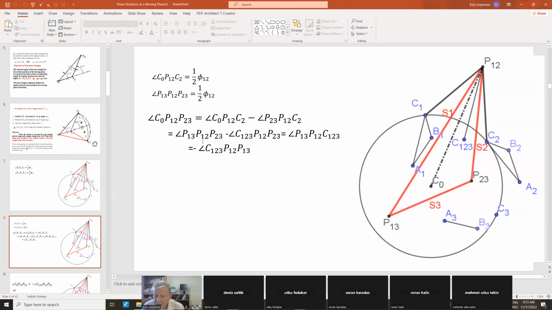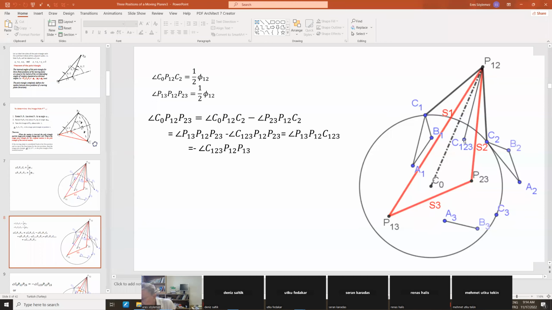So I can write C0, P12, P23 is equal to P13, P12, P23, which is also equal to 512 over 2, minus C123, P12, P23. But that is equal to P13, P12, C123.